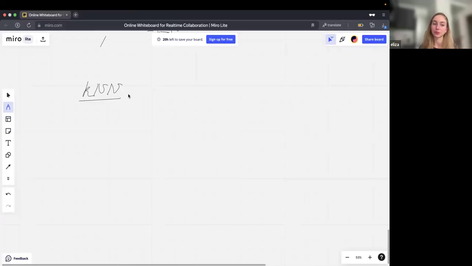K-nearest neighbors. How does it work? How can we classify an object with this method? Let's imagine that you have three labels in your dataset: triangles, squares, and circles.